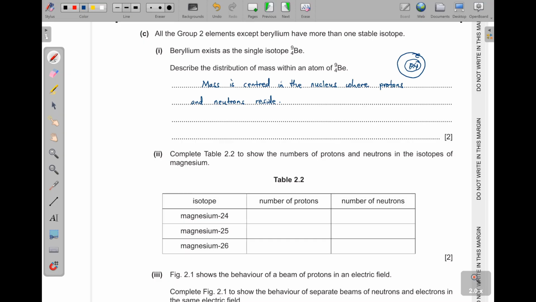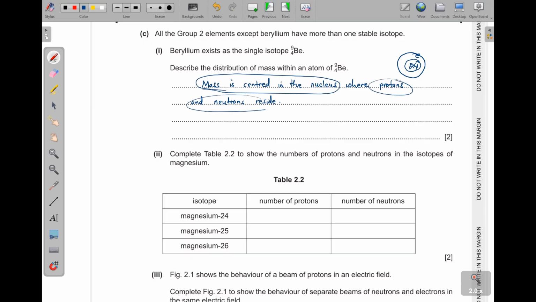But they say describe the distribution of mass. So the mass is in the nucleus, where we are seeing protons and neutrons. That's enough. There are 2 marks. You have to talk about the center, where the mass is. It is in the nucleus. So what is there?